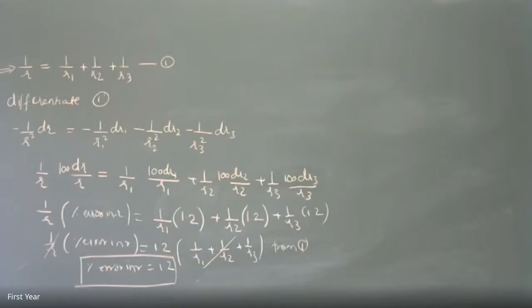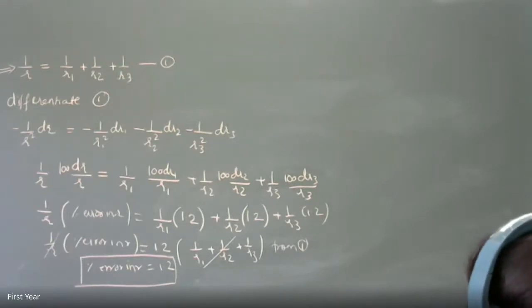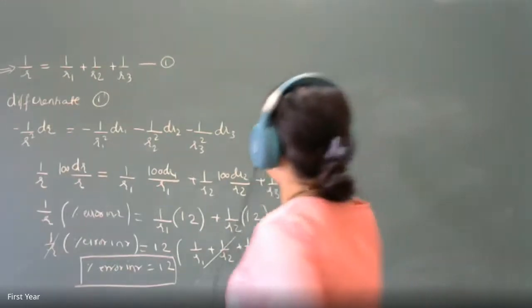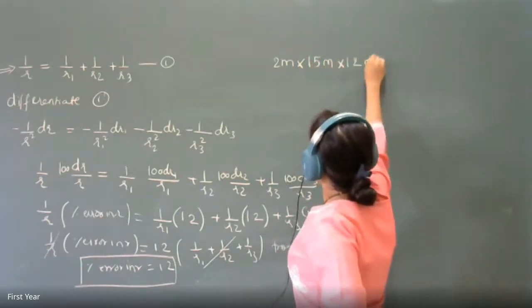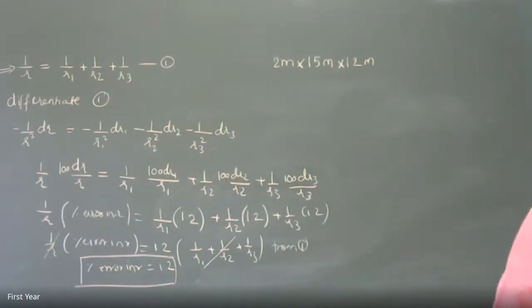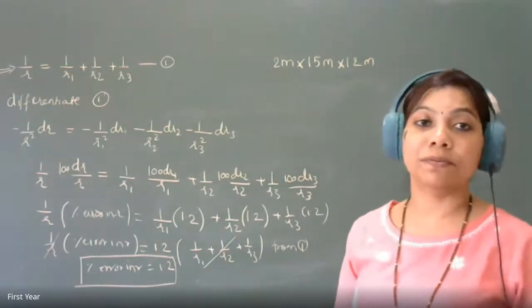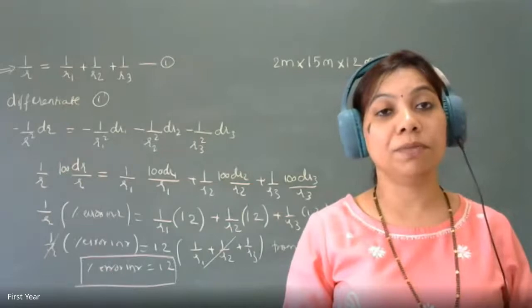In estimating the cost of a pile of bricks, measured 2 meter by 15 meter by 1.2 meter, the top of the pile is stretched 1% beyond the standard length.